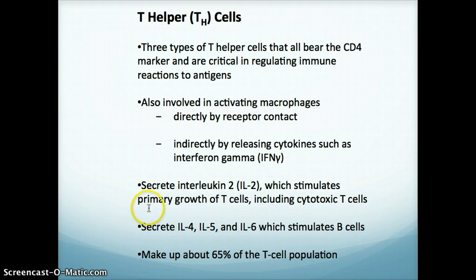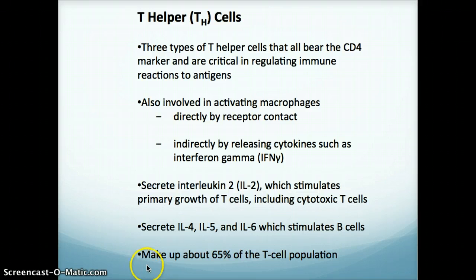One of these subsets will secrete interleukin 2, which will stimulate the primary growth of T cells, including those cytotoxic T cells. The one that does interleukin 2 is that CD4 cell. We have ones that will secrete interleukin 4, 5, and 6, and these will stimulate the B cell, and this is your T helper cell 2.